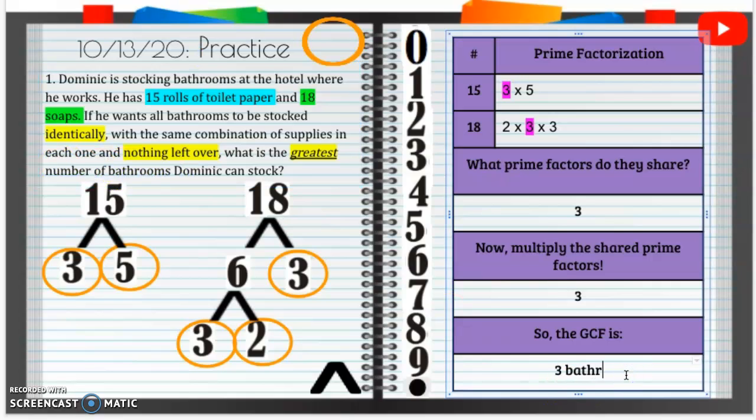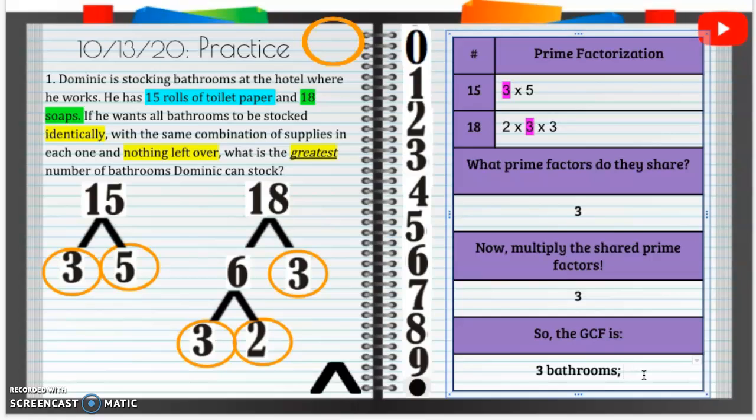3 bathrooms. Now, here's a tricky one. How many rolls of toilet paper and how many soaps can he put in each bathroom? Well, if you take each of these numbers and divide it by the greatest common factor, you will get how many rolls of toilet paper and soaps.